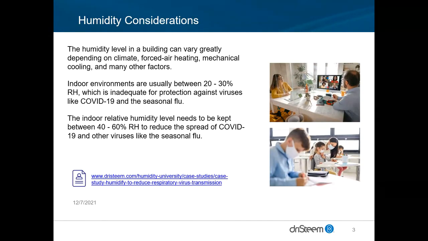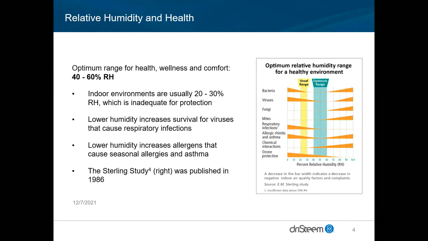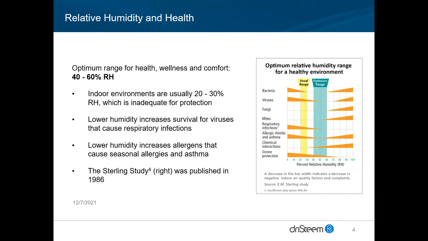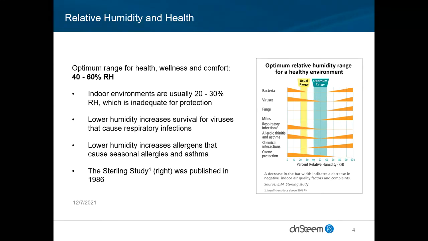When we talk about humidification for people, there's a very important range we want to consider. It's been shown to keep humidification between 40 and 60% for many reasons. The transmission of viruses is top of that list, and other things include everything you see here from the very famous Sterling study back from the mid-80s.